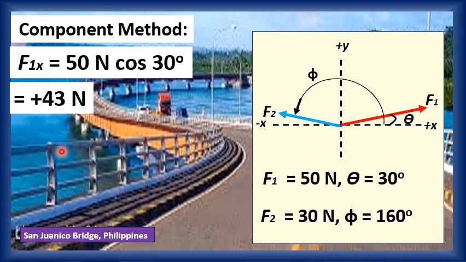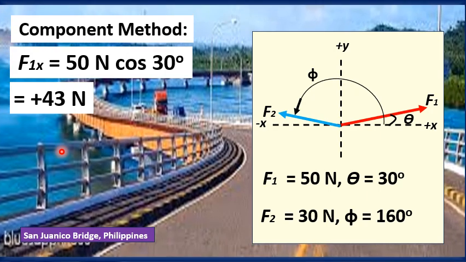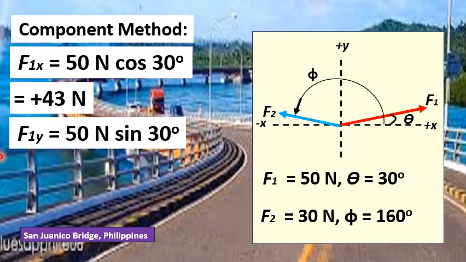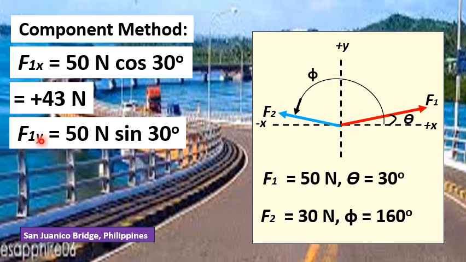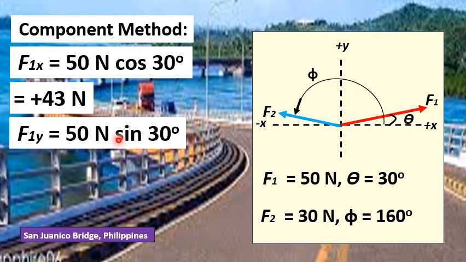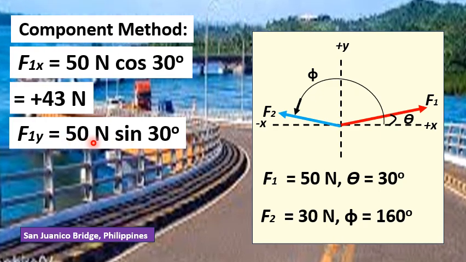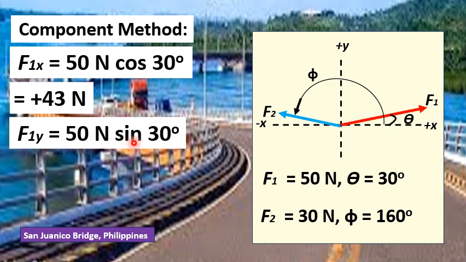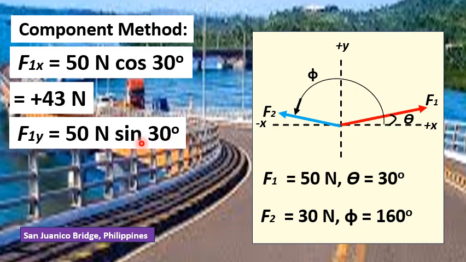Now, how about the y component? We label it as F1 sub y, right? So for the y component, we just multiply 50 newtons, that's the value of F1, by the sine value of the angle 30 degrees.